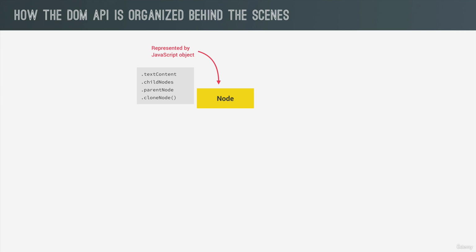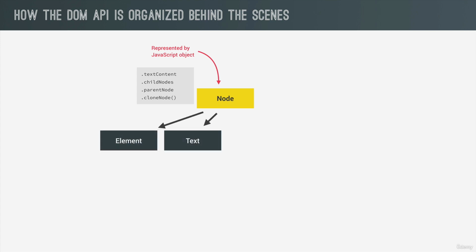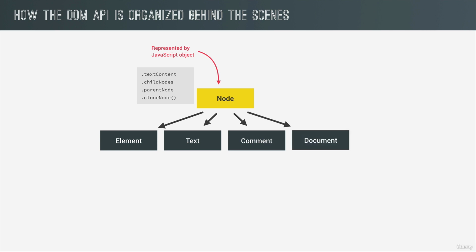Now, we already know that there are different types of nodes, right? So how should these be represented? Well, this Node type has a couple of child types, so to say. And these are the Element type, the Text type, the Comment type, and also the Document type.